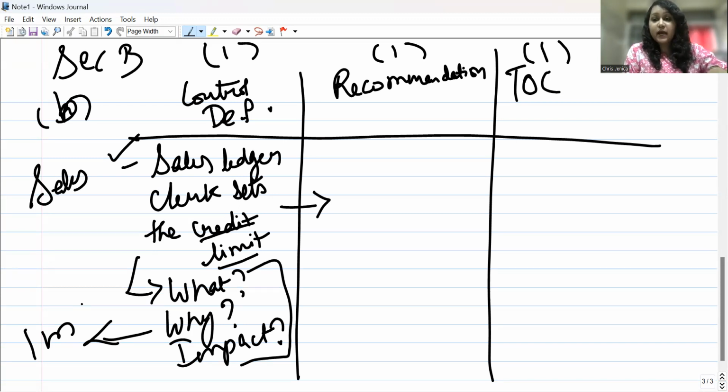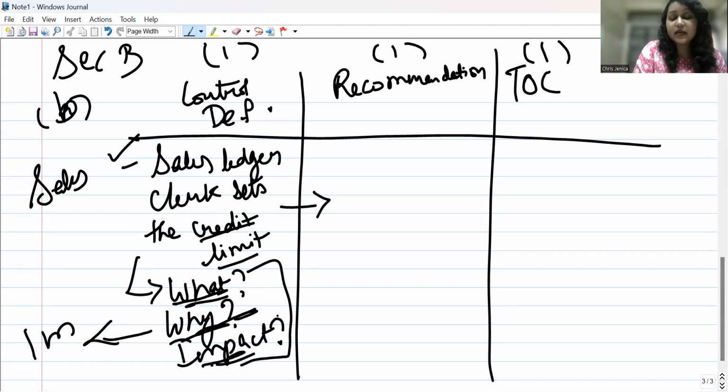Now, under this point, I told the sales ledger clerk is setting the credit limit for the customers. That is the deficiency. So I have addressed what. Now, why is it a control deficiency? That is, he is not knowledgeable enough or a senior person who has the eligibility to set the credit limit. Okay, and there is no authorization being carried out. So that is why I call this a deficiency.